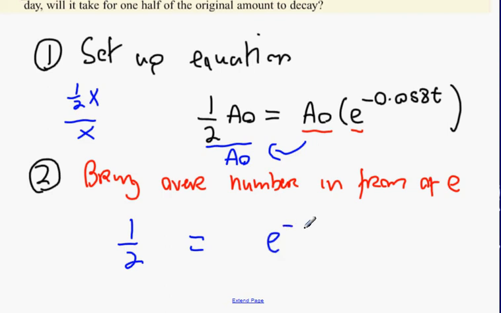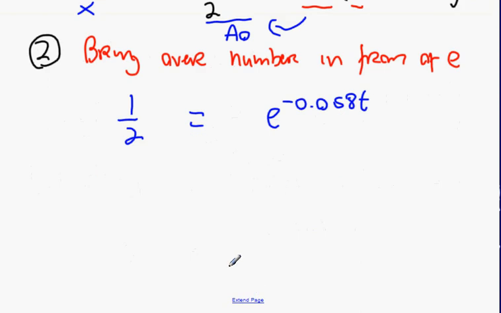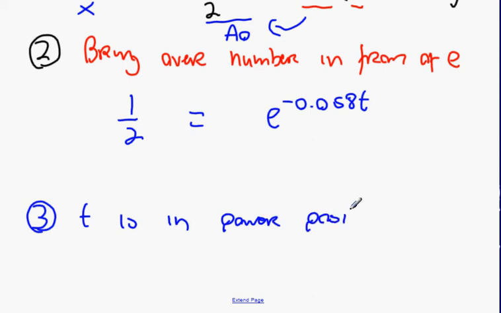Now, part 3 is the variable that you're looking for. In this case it's t. t is in the power position. Do you know what I mean by the power position? Yeah, it's the small number above it. To get rid of this, use ln on both sides.